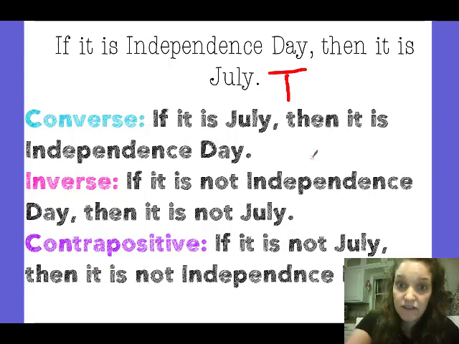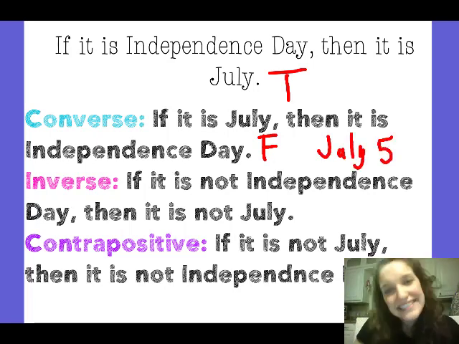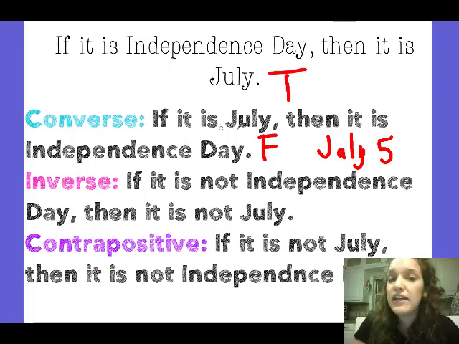That converse is false because it could be July 5th, which is my best friend Lisa's birthday, or it could be July 7th, which is my mom's birthday. Those are days in July, so I'm making my hypothesis true, but the conclusion is false. So this is false because I can find a counterexample, July 5th, really any other day in July that's not July 4th.